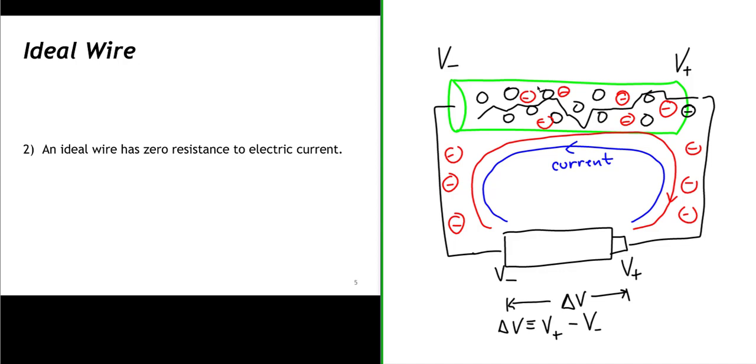This is not an ideal wire because the charges moving through this wire encounter resistance, which influences its rate of flow. However, we could consider this segment to be an ideal wire, no resistance to movement, and this segment can be considered an ideal wire, no resistance to movement.